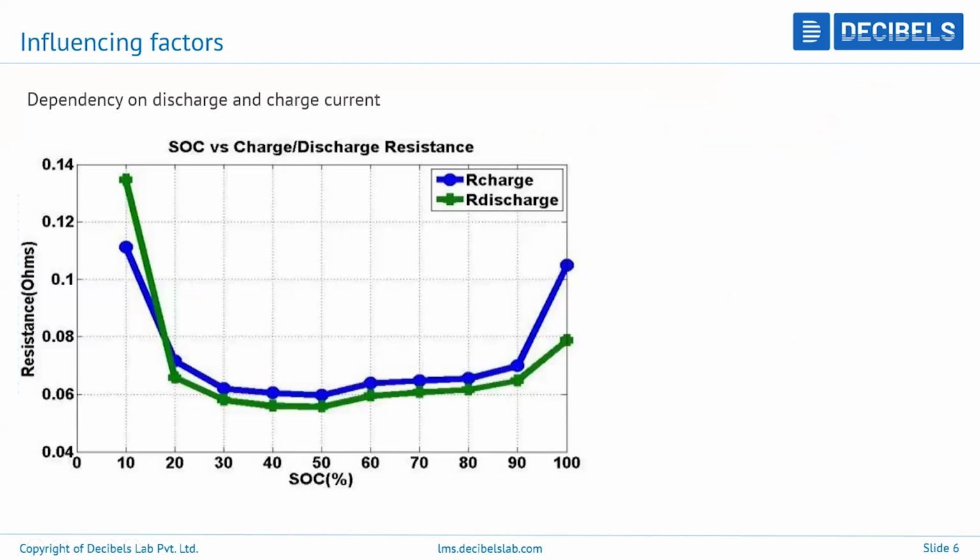And then finally, we have the discharging and charging current influence. You can see in this graph how there is a difference between the charging versus the discharging graph. You can see discharge is lower and the charge is slightly higher. The reason for this is because during charging, the ions have to tackle a slightly higher amount of resistance while being transferred from the cathode to the anode.